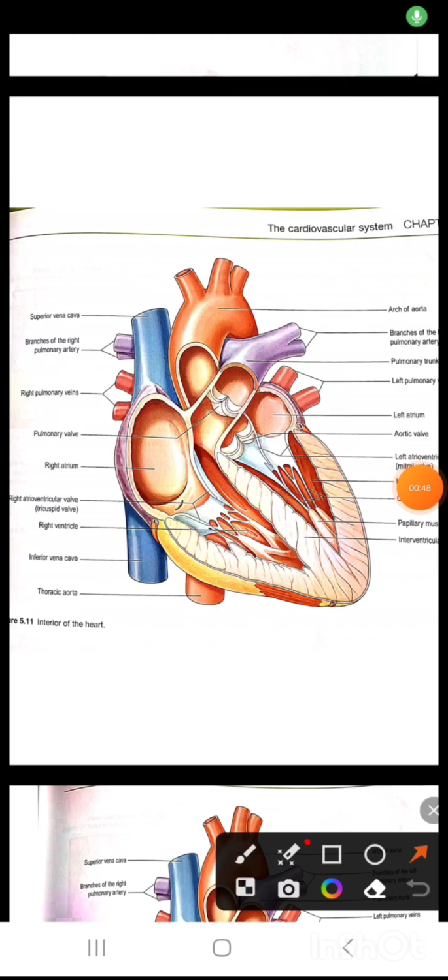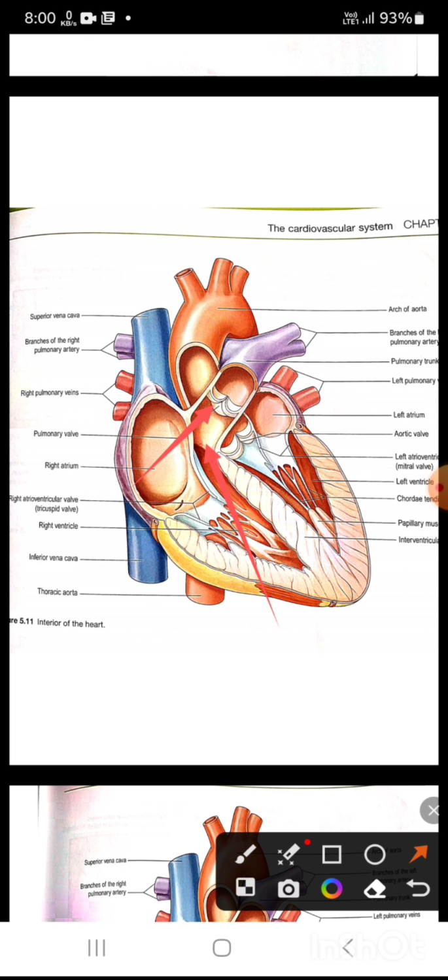So, the blood is going from the right ventricle to the pulmonary artery. In that, one valve is there. This valve's name is the pulmonary valve. So, through the pulmonary valve, the blood is going into the pulmonary artery or pulmonary trunk.